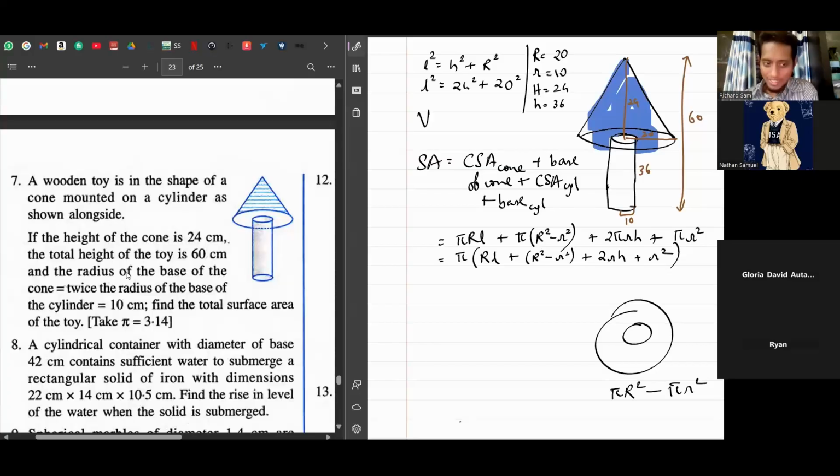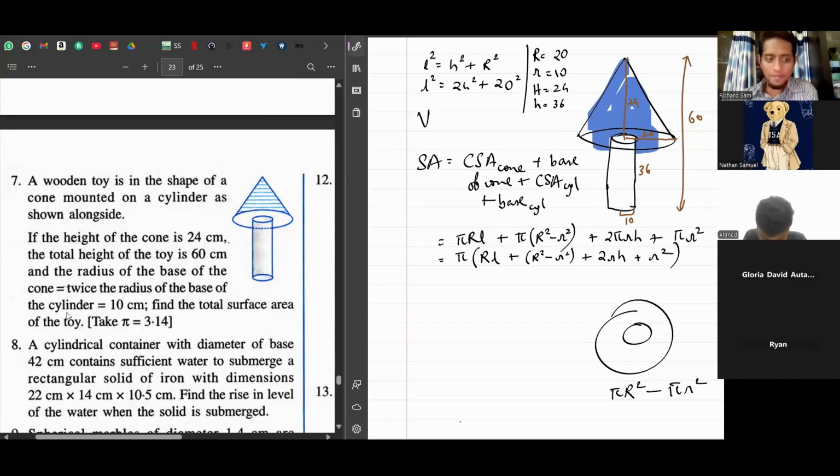Okay, so the radius we have written is not correct. I'll tell you why. The radius of the base of the cone, which alphabet did we use for that? Capital R. The radius of the base of the cone is equal to twice the radius of the base of the cylinder.